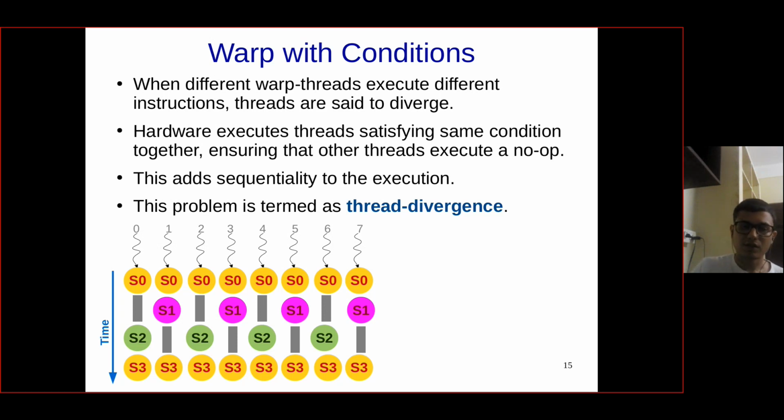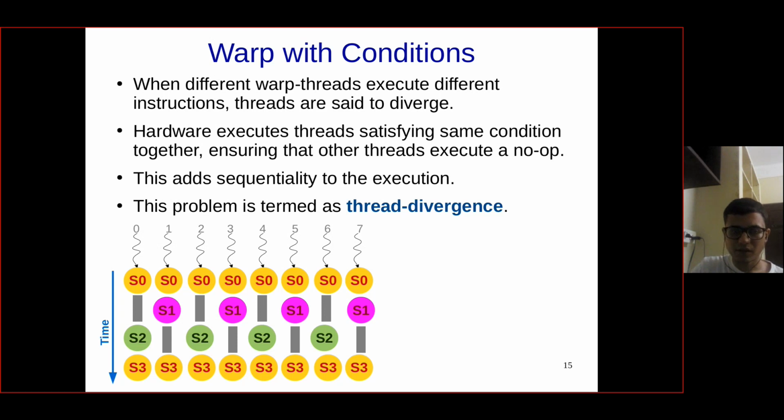But there is a disadvantage to it, right? Because here the even ID threads are doing nothing, and here the odd ID threads are doing nothing. So ideally, there is some sequentiality which is added due to this divergence, right? Because if we were not having this conditional execution, then these warp threads might have finished this statement in just a single step.